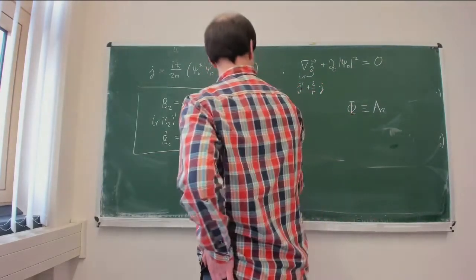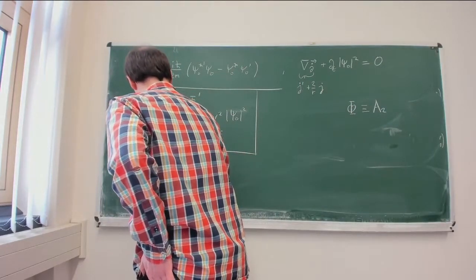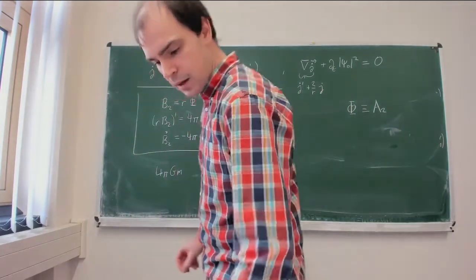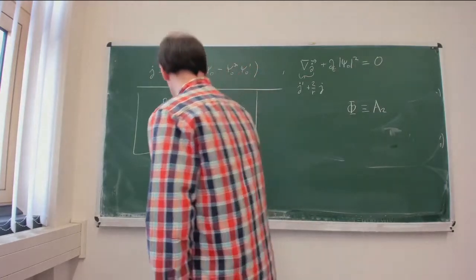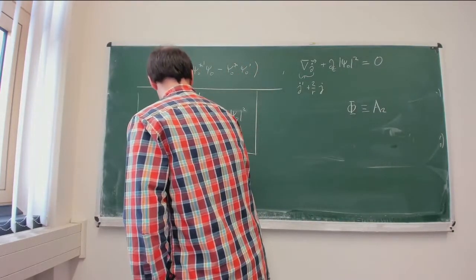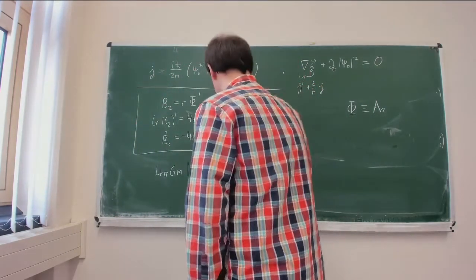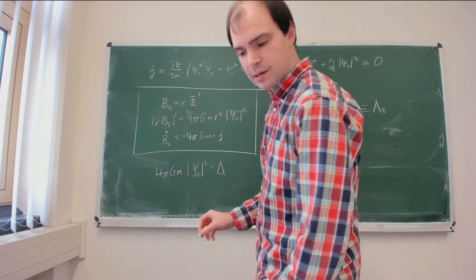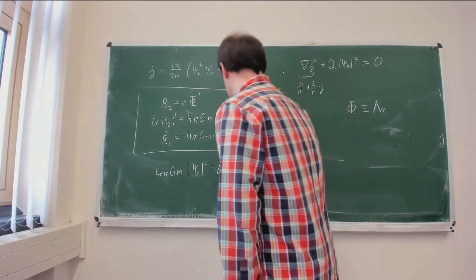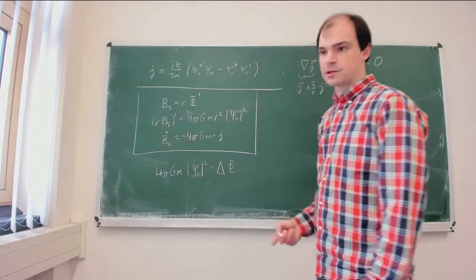So from the first two we get 4 pi G M psi 0 squared equals, and you will find that what you have on the other side is just the Laplacian of phi in spherical coordinates.